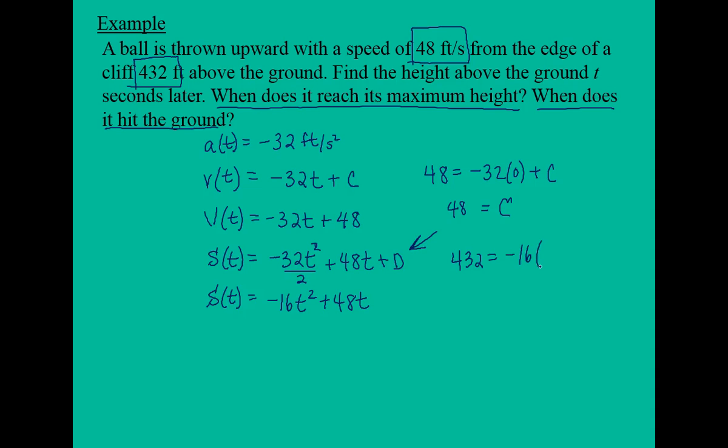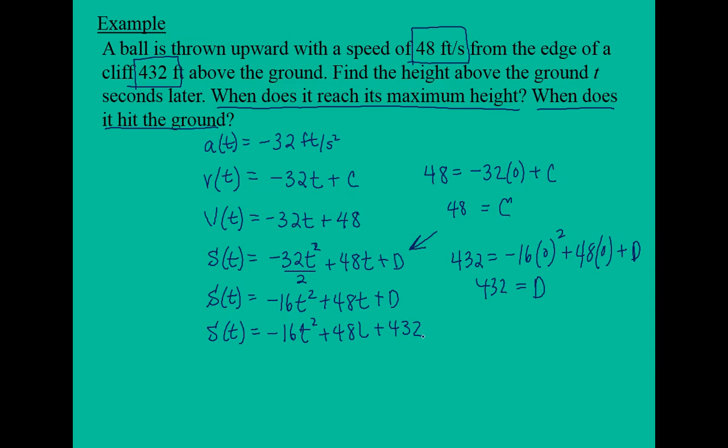So 16 times 0 squared plus 48 times 0 plus d. So here we see d would equal 432. So we have our position function: negative 16t squared plus 48t plus 432.